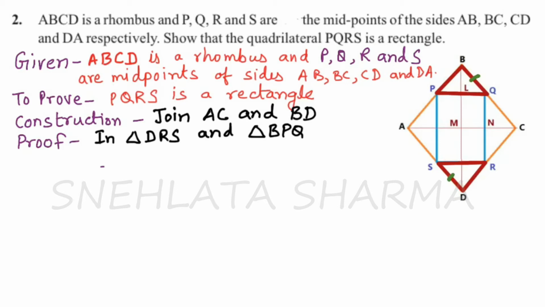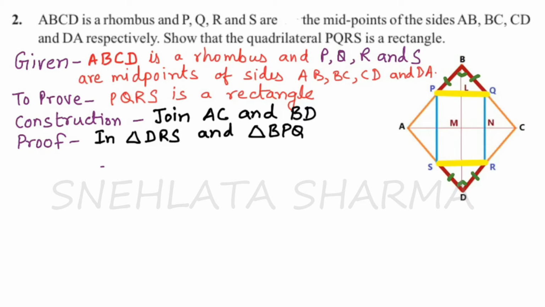Angle SDR, this angle is equal to this angle because these are opposite angles of rhombus and are equal. Also we have DR, this side DR is equal to this side BP. So by SAS congruence rule, we can say that these two triangles are congruent. And by CPCT, we can say that RS and PQ are equal. So let us write all this.